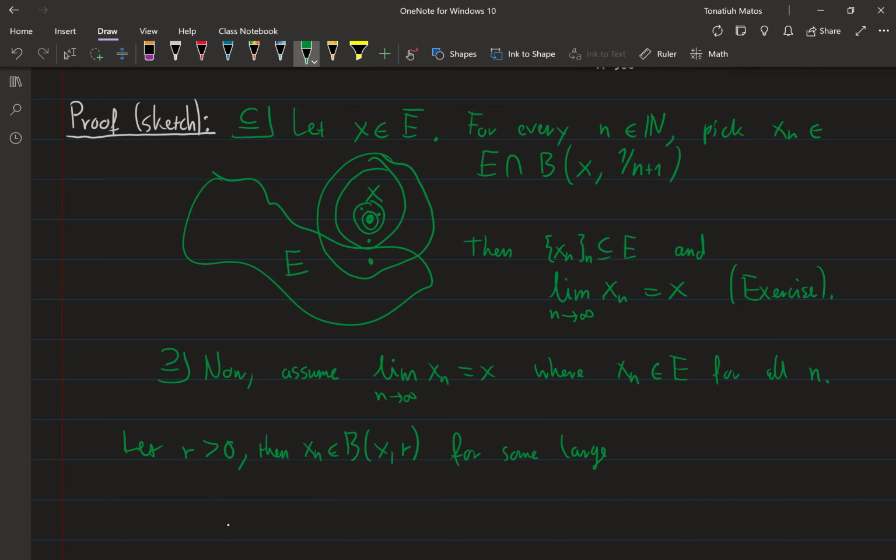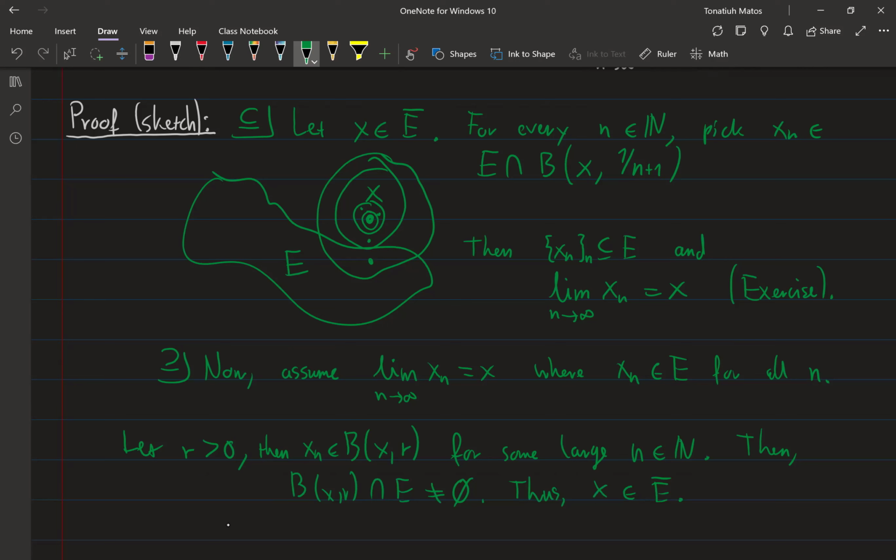I only need one element, but it contains all of them actually, all of them starting onwards from a point. But I just need one of them. Then this ball intersects E because xn is always an element of E.